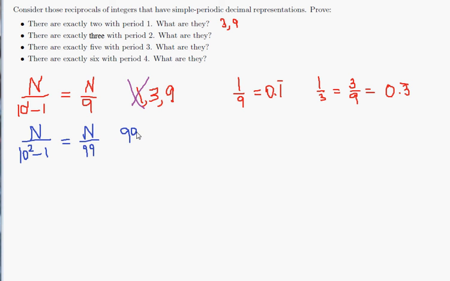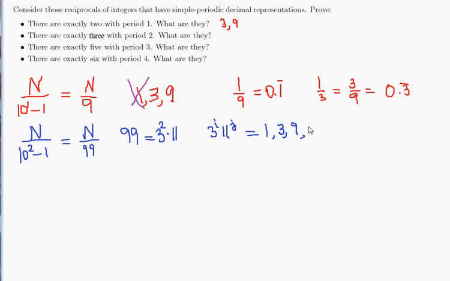So 99 is equal to 3 squared times 11. And so there are 6 positive factors of 99, and they have the form 3 to the i times 11 to the j, where i is 0, 1, or 2, and j is either 0 or 1. So listing these out, we have 1, 3, 9, when j is equal to 0.